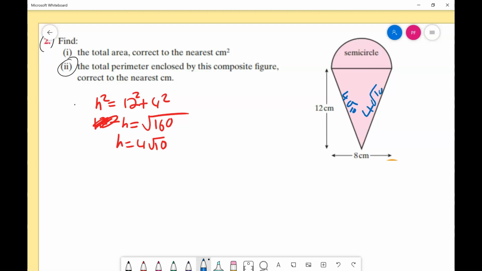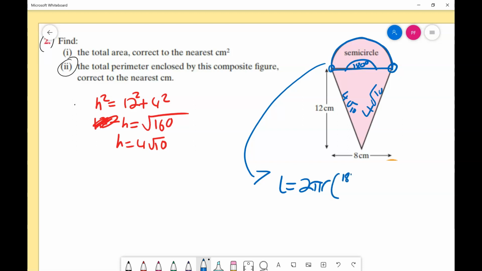Now you can treat the arc here as a sector or just half the circumference of a circle. It makes absolutely no difference. But the arc length there, if it's a semicircle, the angle at the center is 180 degrees, of course. So it would be 2 pi r times theta over 360, 180 over 360. Sorry, I should have filled in the r there. The r in that case is from here to here, which is 4.